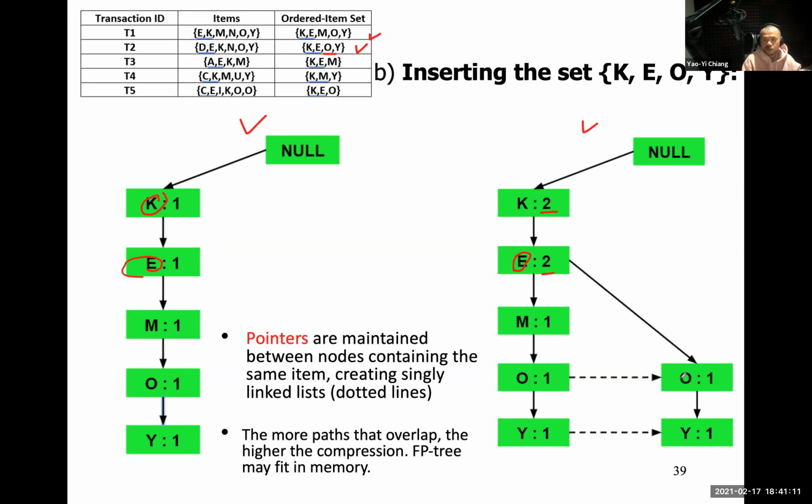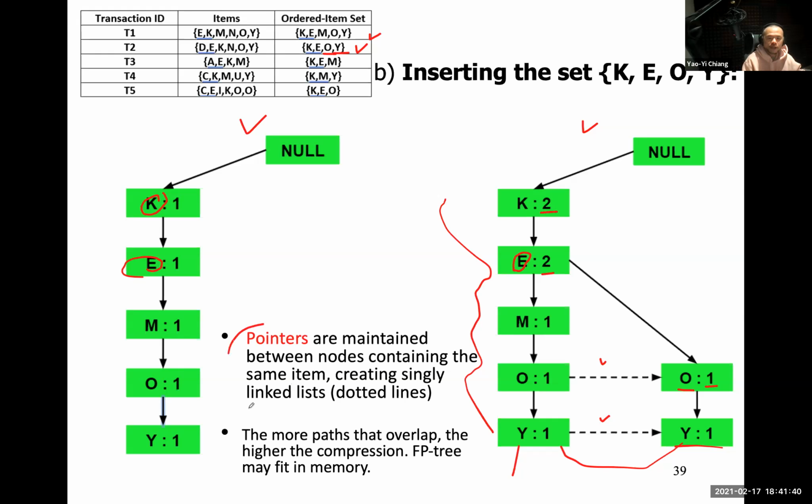We just create a new branch and say O, 1, and the last item is Y, 1. Great, you just inserted the second basket. Just keep a note that we have this dashed line here. This is a link in memory so that we can traverse from this node to this node very easily without traversing the entire tree.